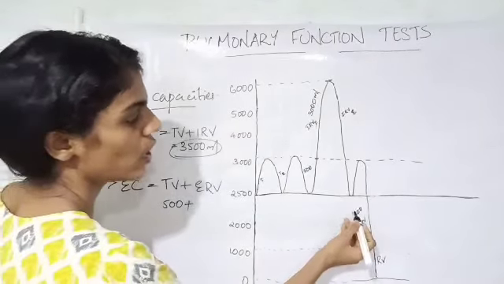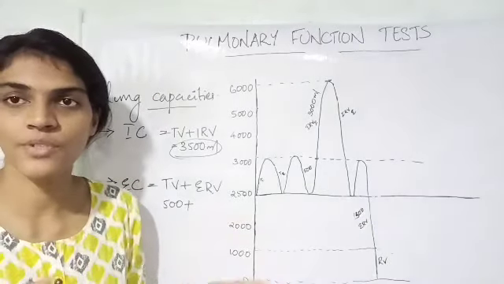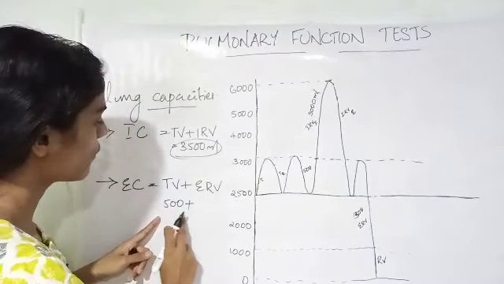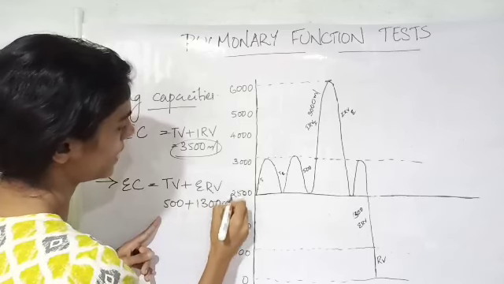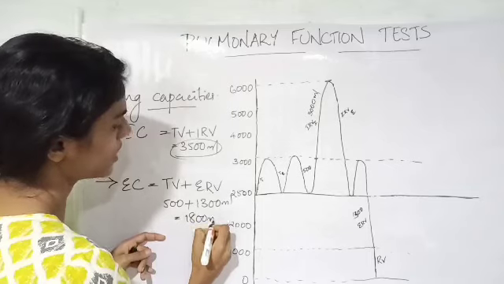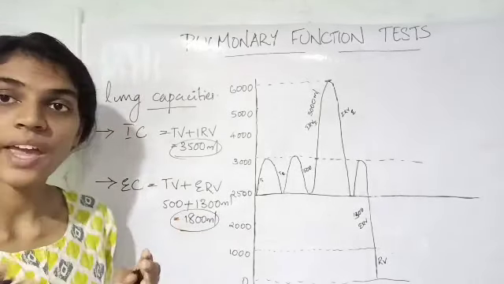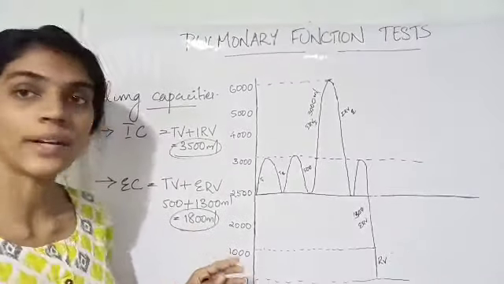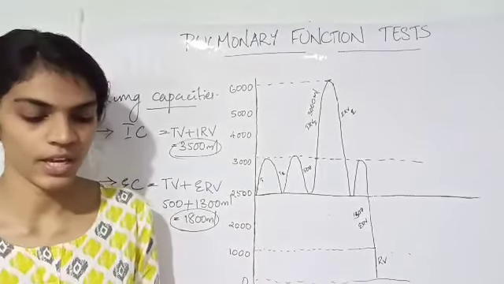It is mostly 1200 or 1300. It all comes in the same range. We'll take 1300. So 500 plus 1300 ml gives 1800 ml. So we can say that the amount of air that you can forcefully expire is 1800 ml.